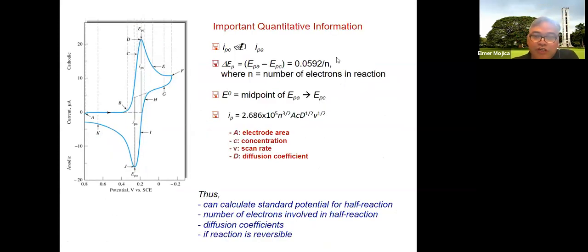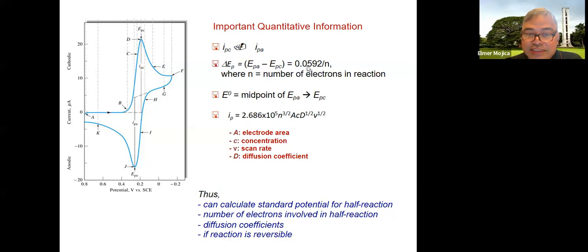Now, if we're going to look at the quantitative information that you can get there, you can get the current peak in the cathodic direction and the current peak in the anodic direction. So you can get the difference in the peak potential. This is just equal to the peak potential in the anodic direction minus the peak potential in the cathodic direction, which is equal to 0.0592 divided by n.